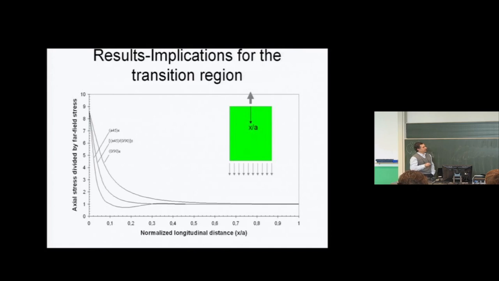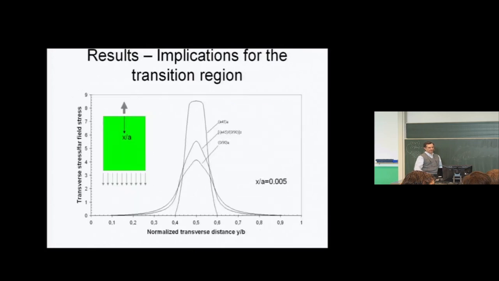In fact, the 0, 90 takes much longer, and it would therefore require a longer reinforcement than both of the other two. The other two seem to take about the same distance before they reach the value of 1 or reach the far field stress. So they would need a significantly lower length of the reinforcement.